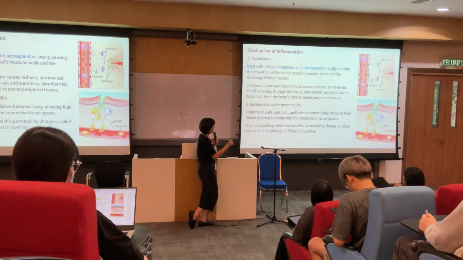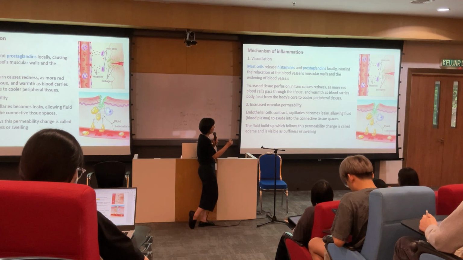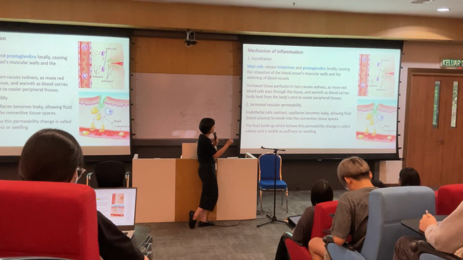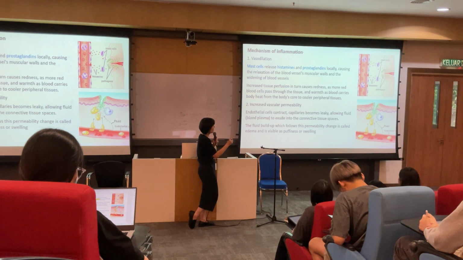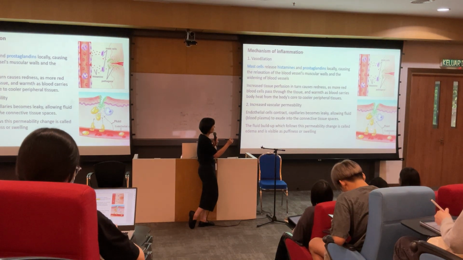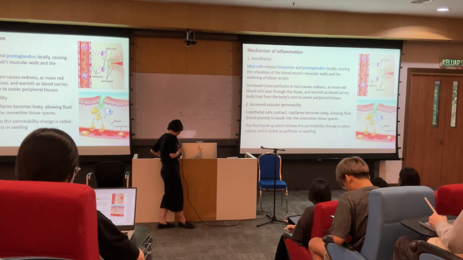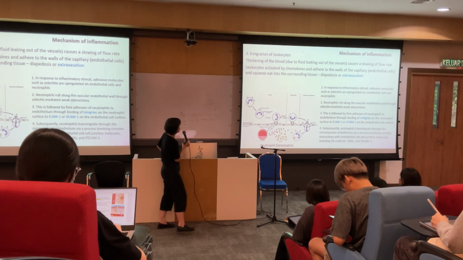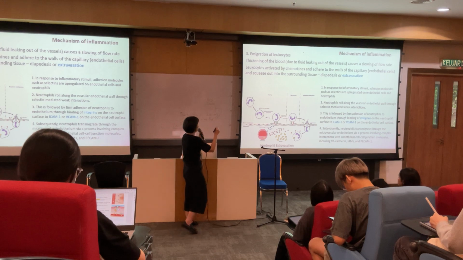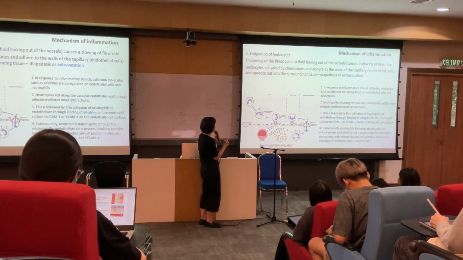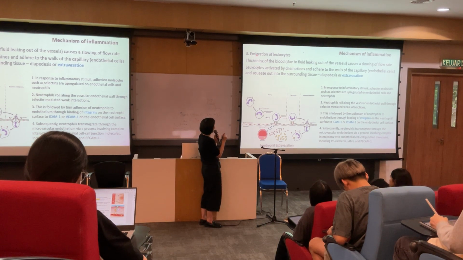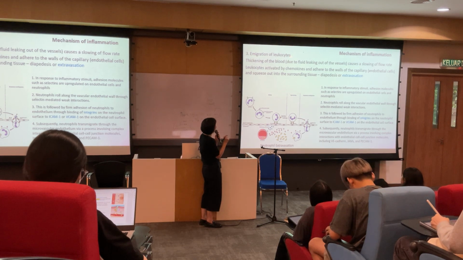So you will have a hole that allows the immune cells to come out through the gap. This is called vascular permeability. So as you make the blood vessel permeable, you allow the immigration of the leukocytes.